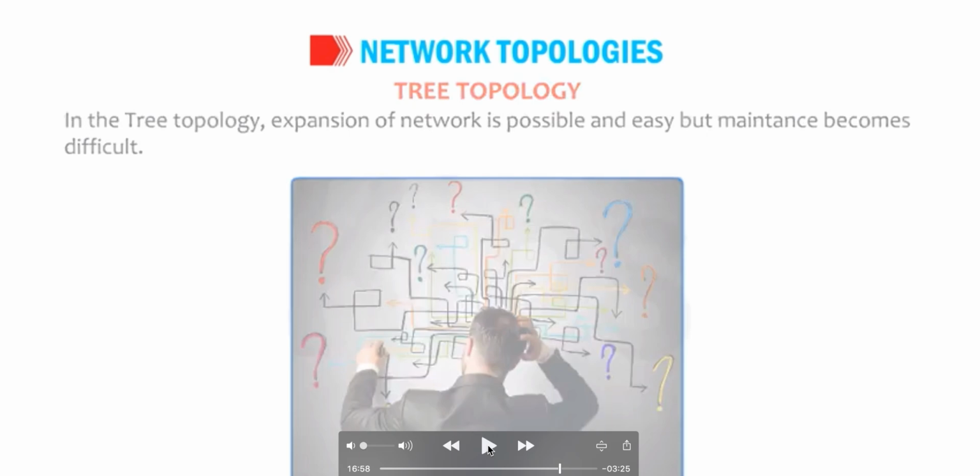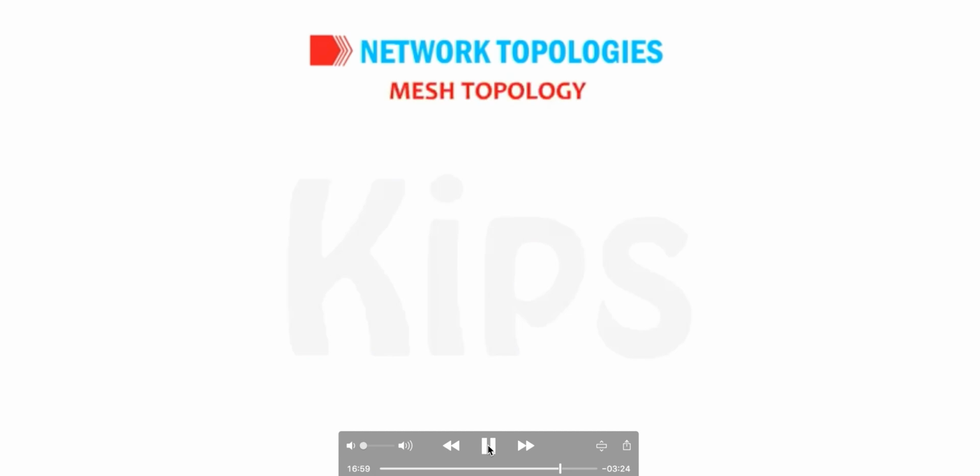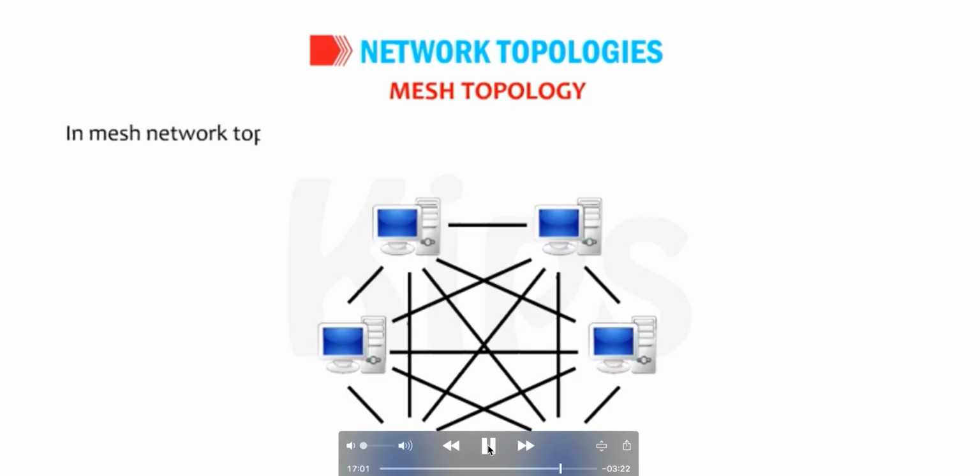For expansion's sake, the star topology is very good, and very little cabling is required. In the same way, for a tree topology the expansion is very easy, but the maintenance costs a lot. The next one is mesh topology.